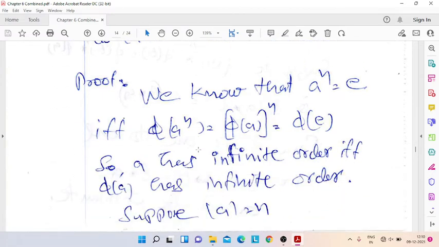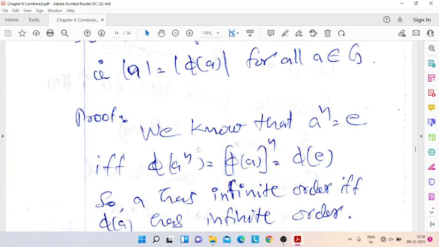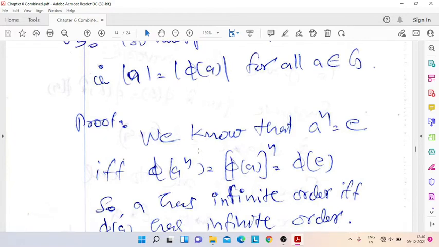We know that if n is the order of A in the first group, then A raised to n equals E. But we know that A raised to n equals E if and only if phi of A raised to n equals phi E, and phi E equals E cap, the identity in the second group.